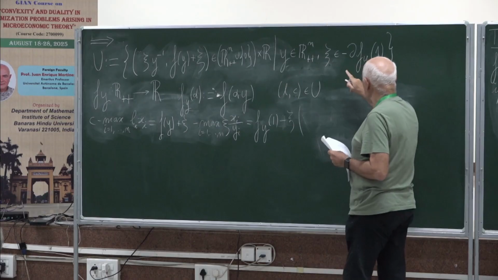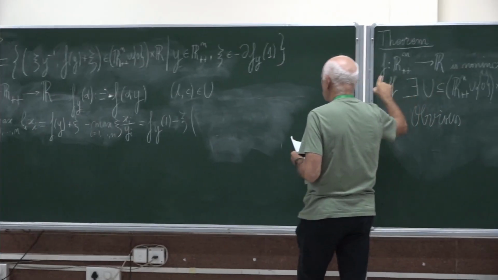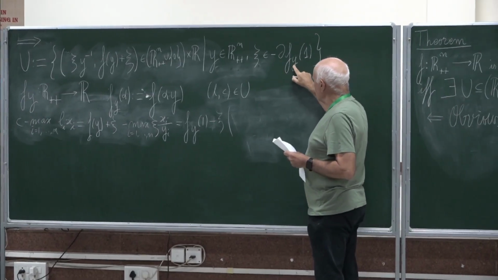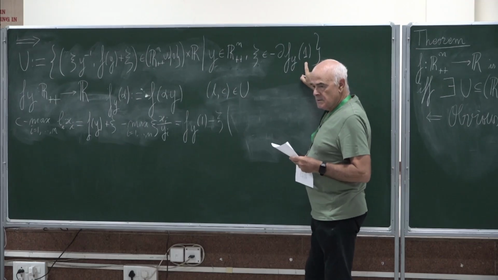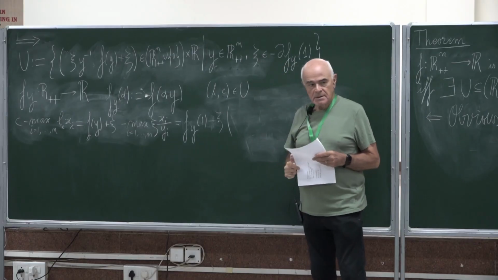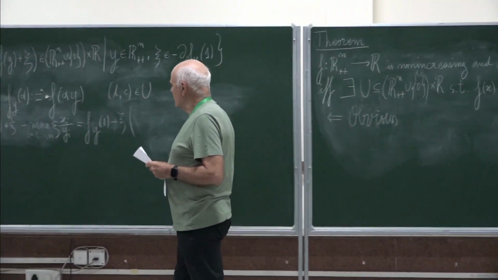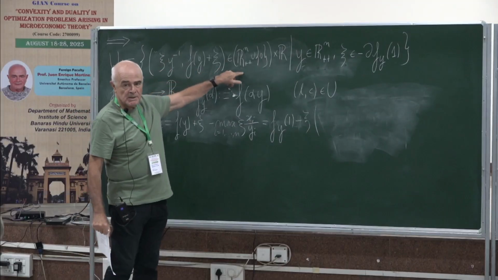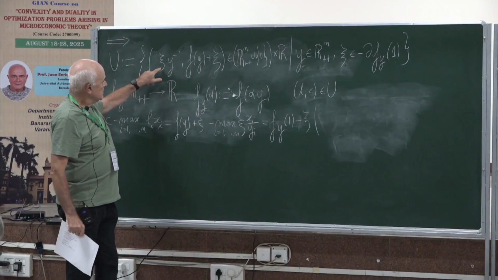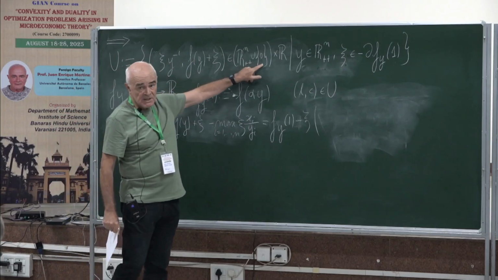Because f is non-increasing, so fi is non-increasing. Therefore, its subgradients are non-positive, its subdifferentials. Then psi is non-negative. Okay? So this makes possible that this belongs to R plus n, but it may be 0.